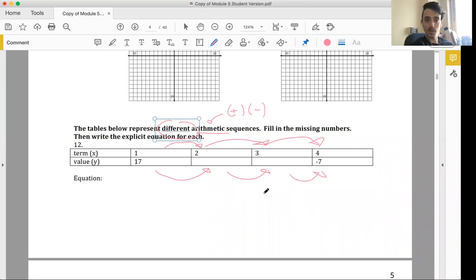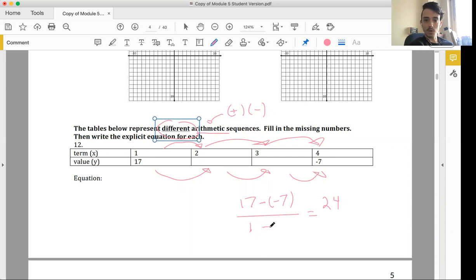The way we could do this, we can measure these distances or the difference. So I know that I'm starting at 17 and then I keep going until I hit -7. So this is going to tell me that I've moved a total of 24 blocks.